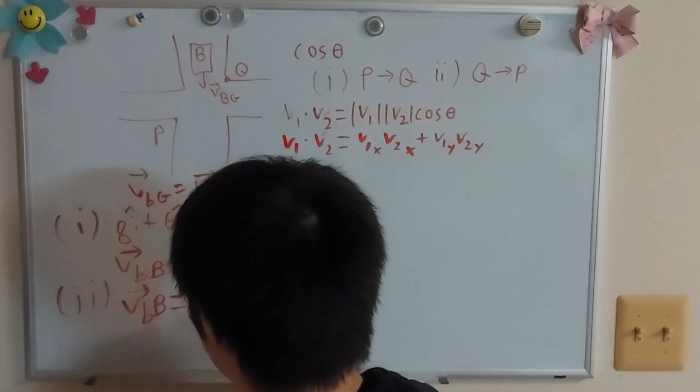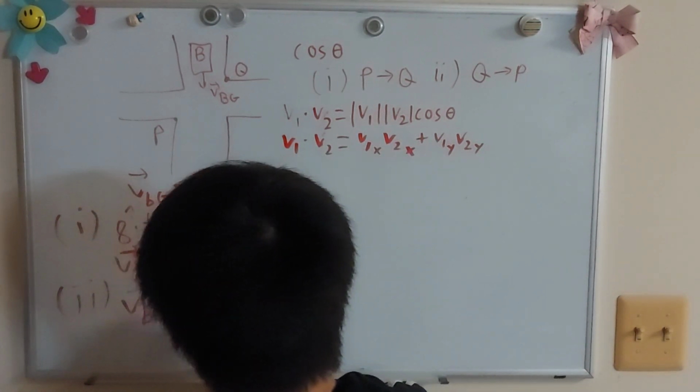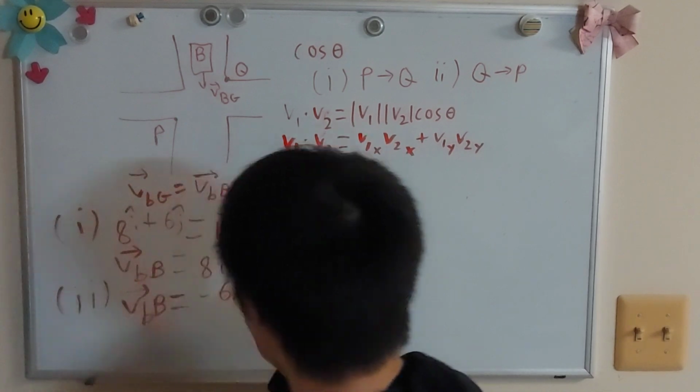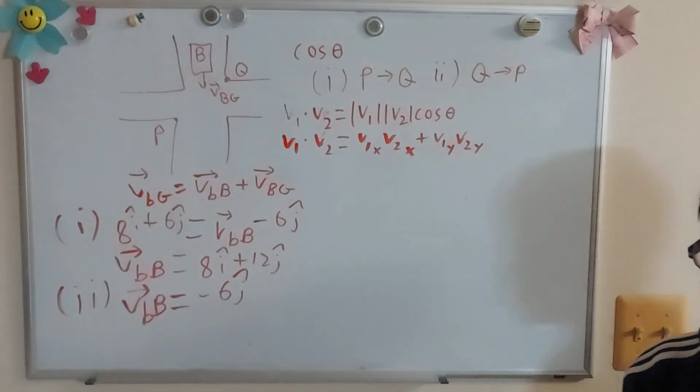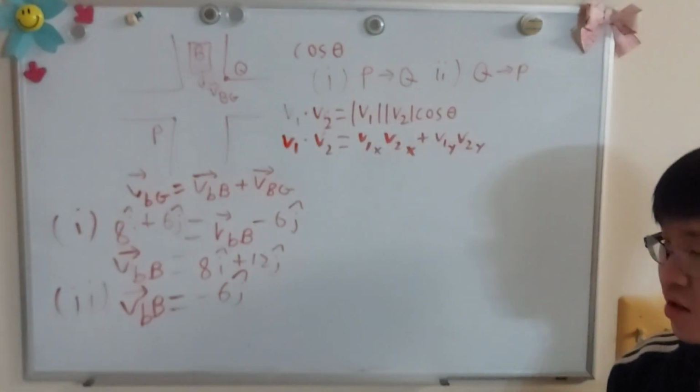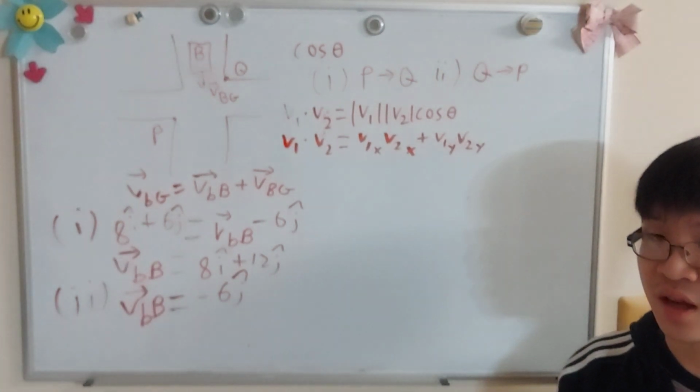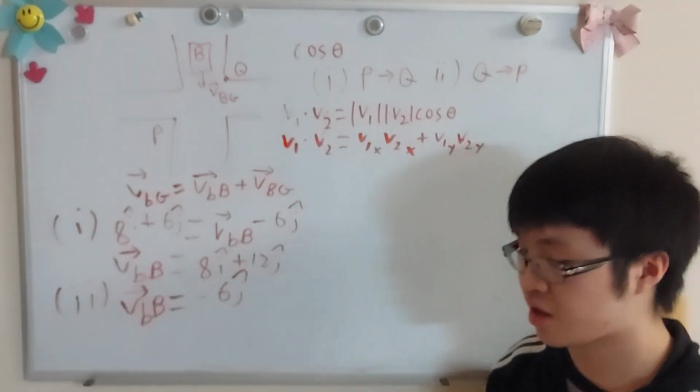That is to say that the velocity of the ball relative to car B is simply negative 6j, and that's completely wrong because we're looking for the velocity of the ball relative to car B when Q passes it to P, not the velocity of car B relative to the ground.